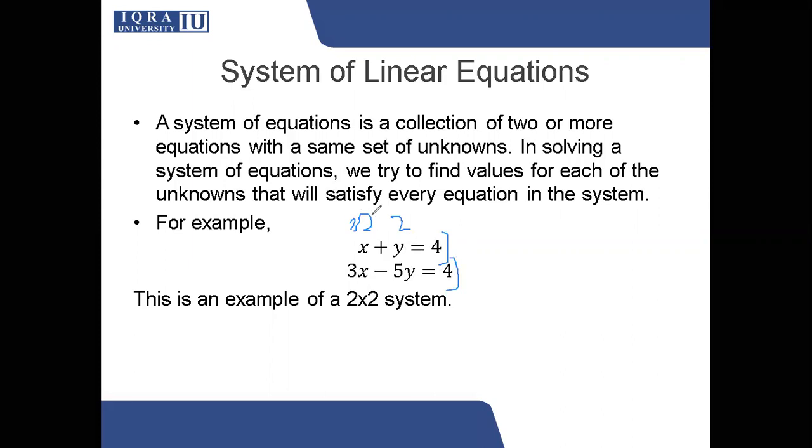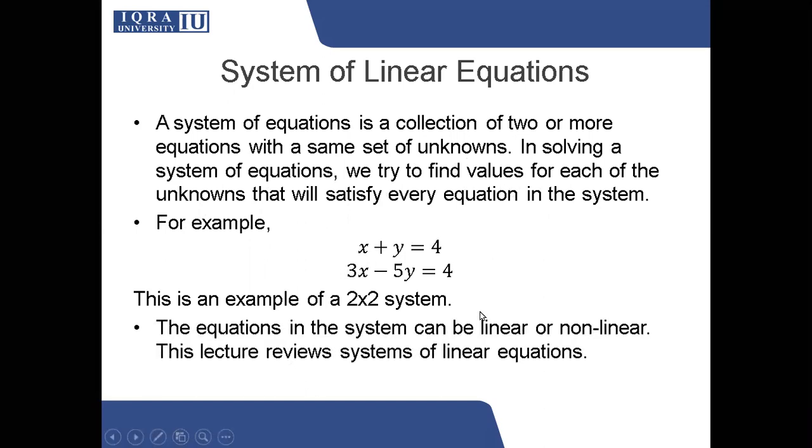So 2 and 2 does not satisfy the second equation. It does satisfy, however, the first equation. What we need in a system of equations is the values for each of the unknowns that will satisfy every equation in the system. So such a value will not only satisfy this equation, but the second equation as well.